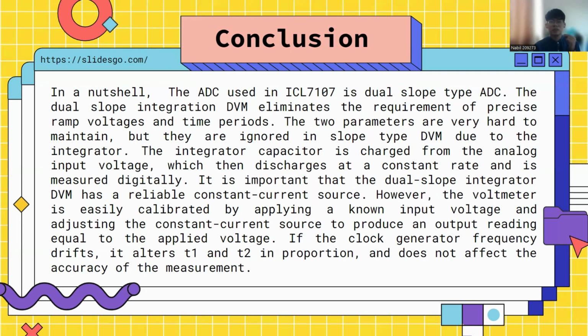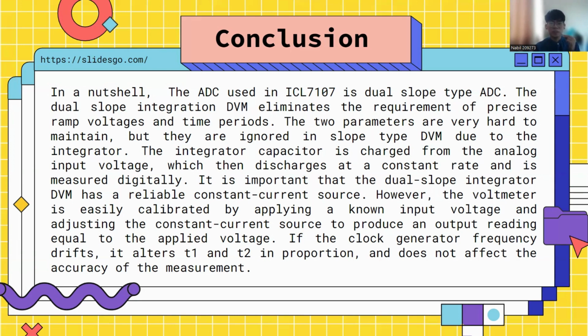These two parameters are very hard to maintain, and they are the requirement for other types of digital voltmeters, especially for the ramp voltmeter. However, for the dual slope digital voltmeter, they are ignored due to the functionality of the integrator in the circuit.